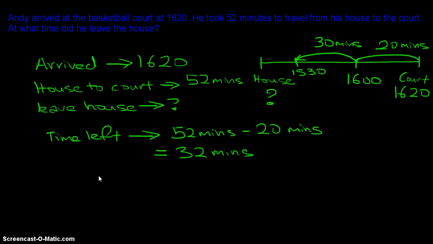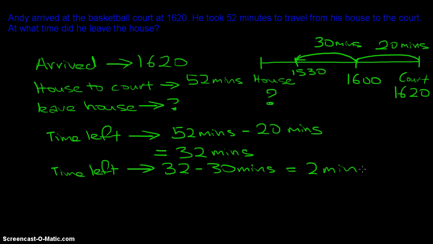I can write time left again. You actually don't have to write this, you can see it very obviously. So it's 32 minus 30 minutes to give me 2 minutes. So I have 2 minutes left to move back.